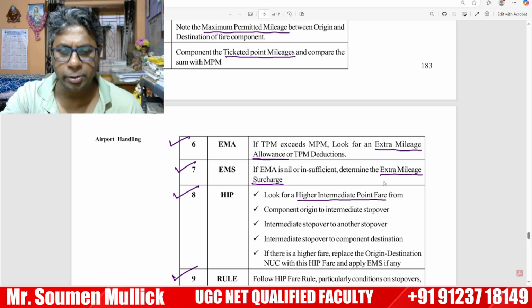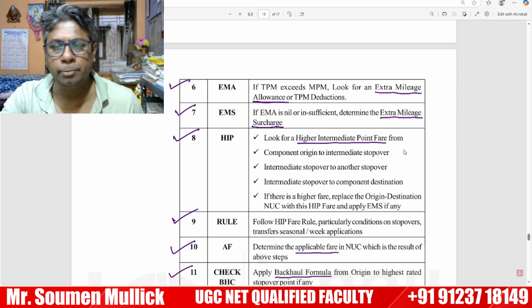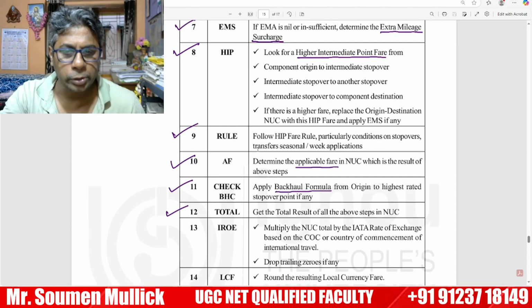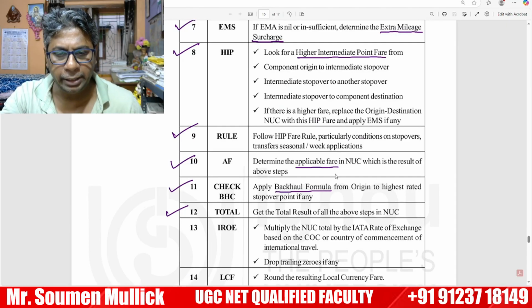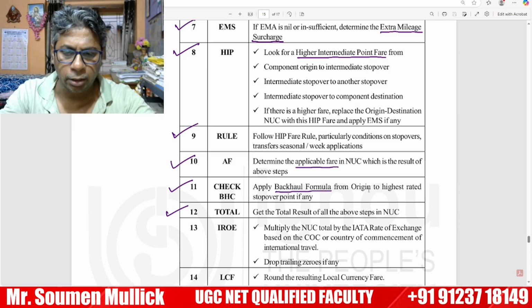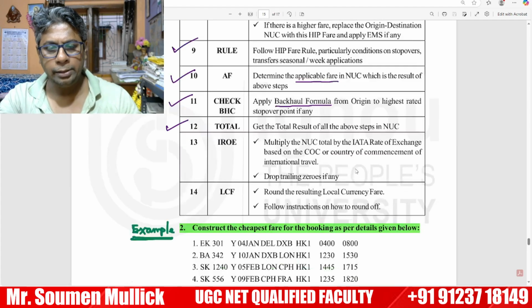EMS, extra mileage surcharge, would be applied. HIP, the higher intermediate point fare. Next, rules and AF, applicable fees. Check BHC, the backhaul formula. Then we calculate the total number.